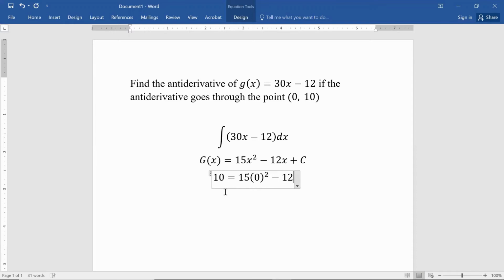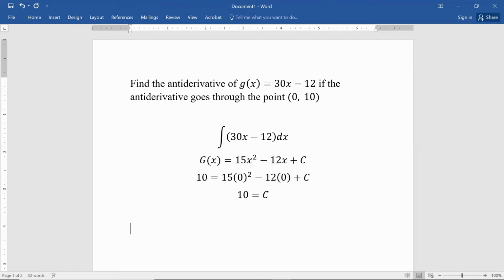And when you plug in 0 for x into a polynomial, a lot of the terms go to 0. 15 times 0 squared minus 12 times 0 all gets converted to a 0, and 10 would equal our constant.